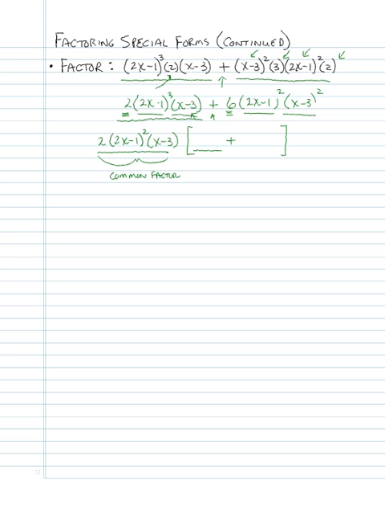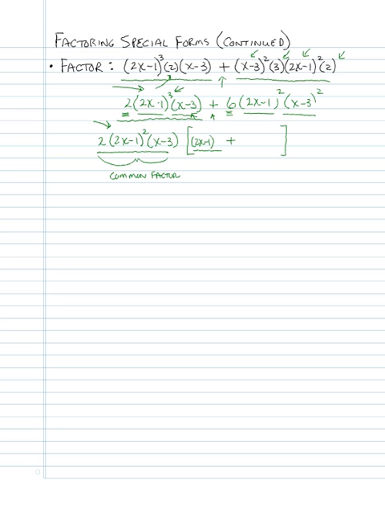So we already have the 2, but we've got a (2x - 1) to the second power down here, and we need a (2x - 1) to the third power there. So we need to have a (2x - 1) to the first power. Second power multiplied with the first power gives a third power, doesn't it? And (x - 3) times what? Well, we already have an (x - 3), don't we? So that's the only part we need inside these brackets to get the first term above.